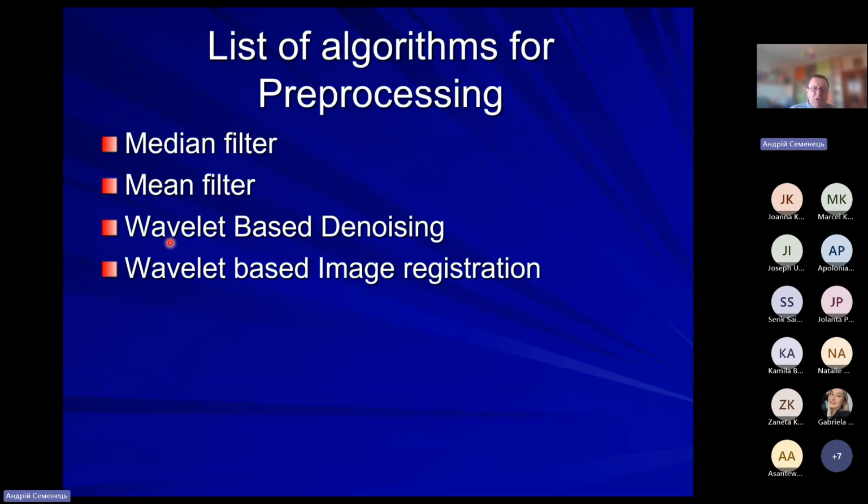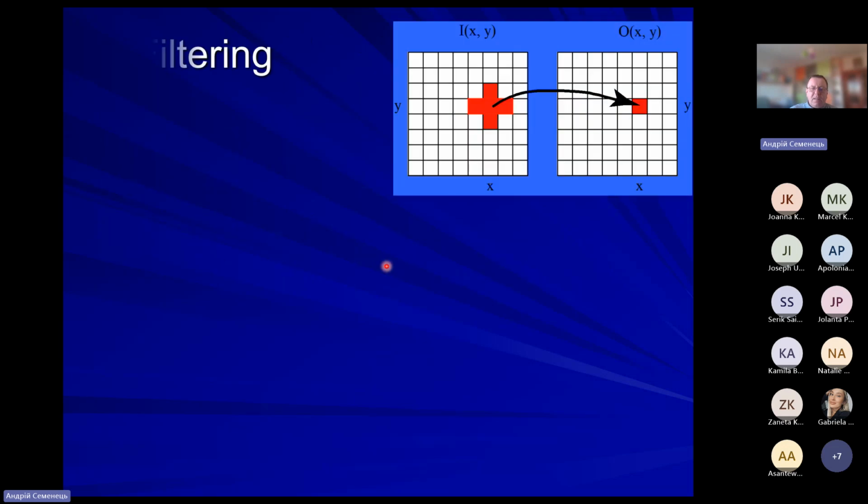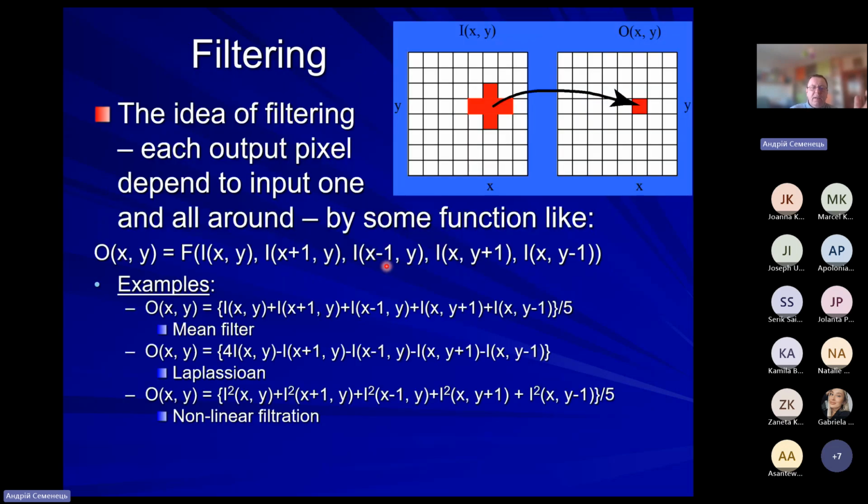The major algorithms used in pre-processing are median and mean filters, wavelet-based denoising, wavelet-based image registration, and so on. So what is filtering, in fact? It's the idea that an output pixel of our image will depend on a few pixels of the original image.